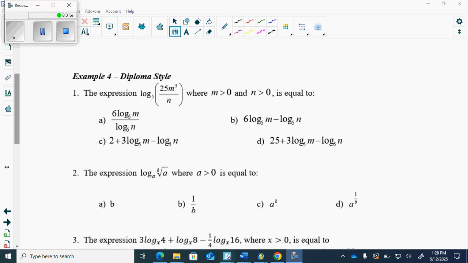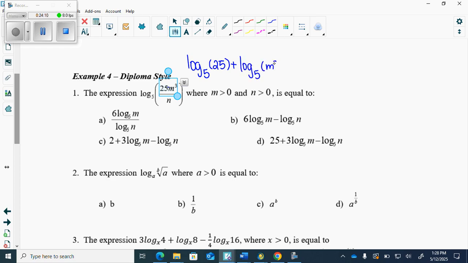So this first one, we have to remember that we can separate it. And when I see the 5 and the 25, I know they can go together. I put a little dot in here so I remind myself that's actually multiplication in between them. So I'm going to get log base 5 of 25 plus, because it's multiplication, log base 5 of m cubed.